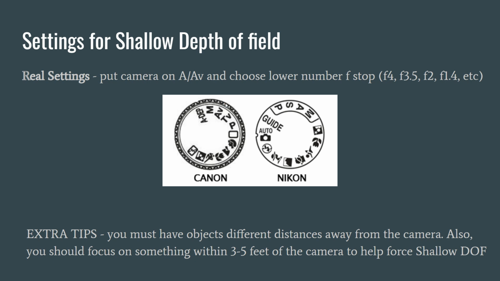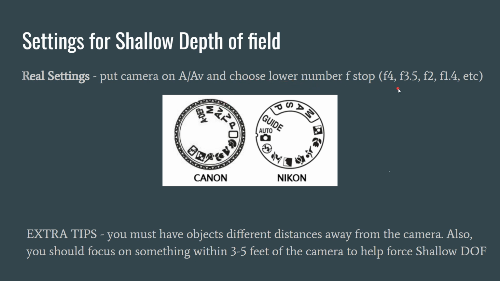But on a Photo 1 level, you should know that if you want to control these things on your camera, you can use something called aperture priority, and that works by putting it to A for aperture if you have a Nikon, AV, aperture variable, if you have a Canon, and you want to choose a lower f-stop number.